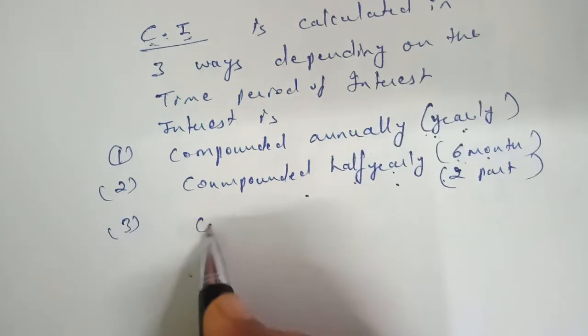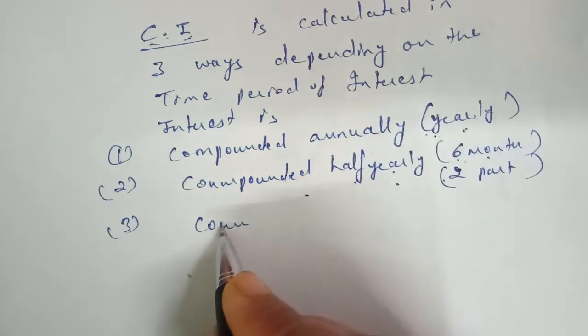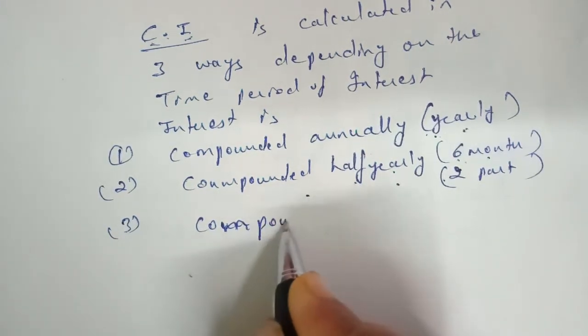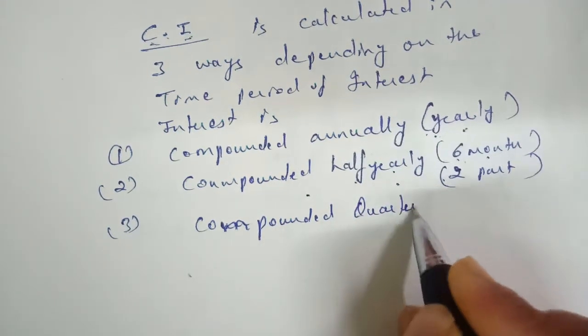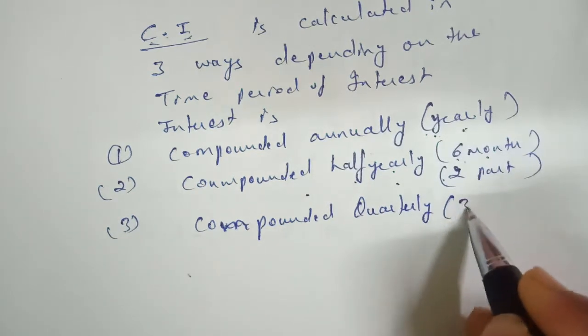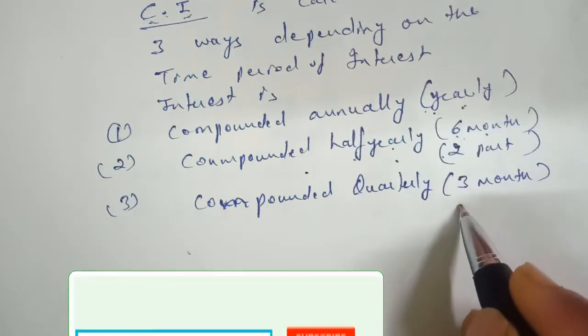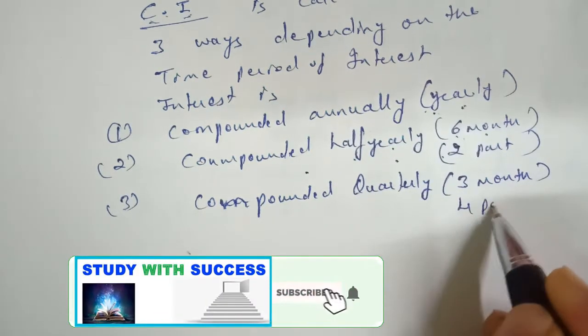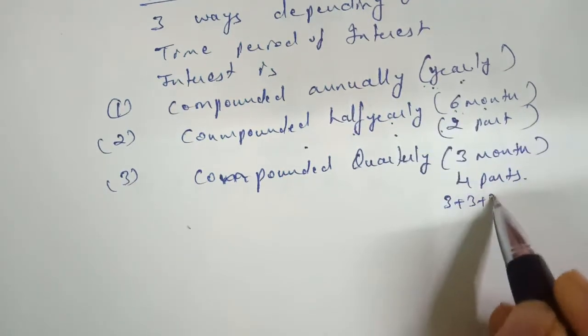Number three, compounded quarterly. Quarterly means after every 3 months. Here the year is divided into 4 parts, 3 plus 3 plus 3 plus 3.